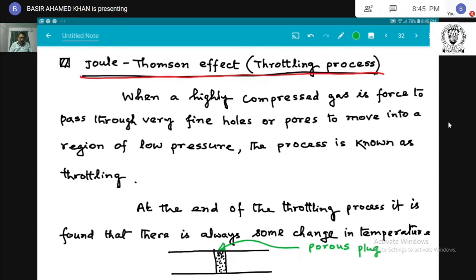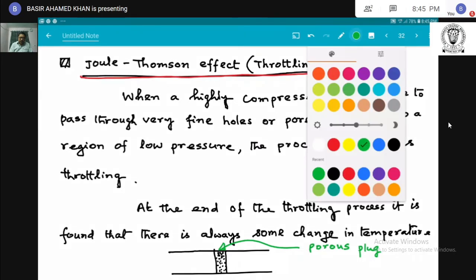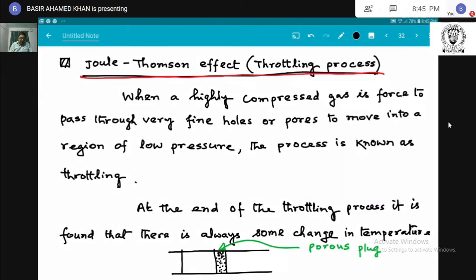Here is a piston. Suppose the initial pressure is P1. This is the final pressure after expansion, P2, where P2 is very small compared to P1.